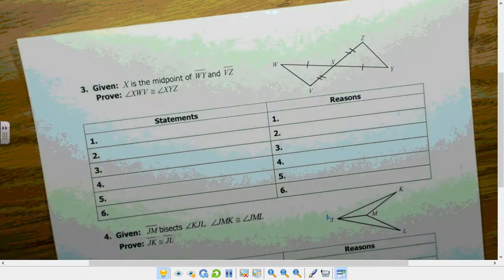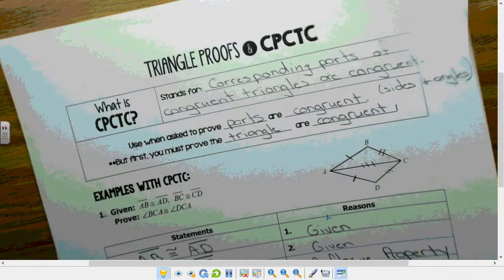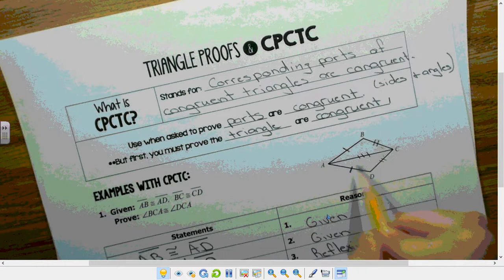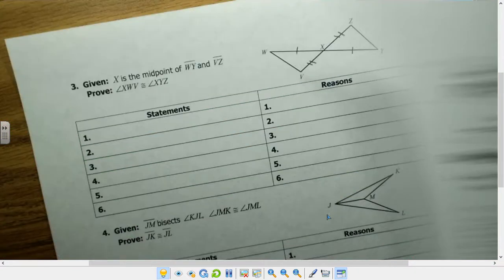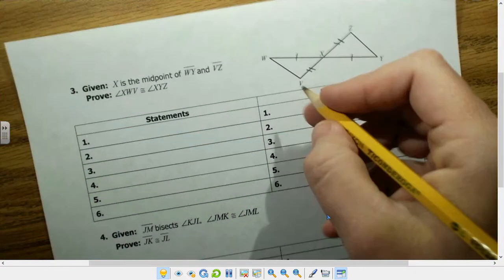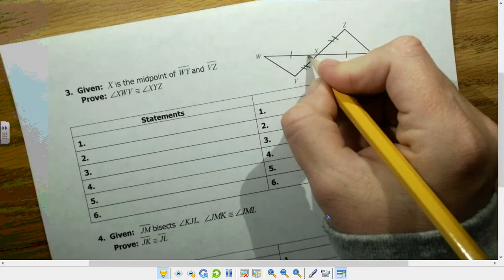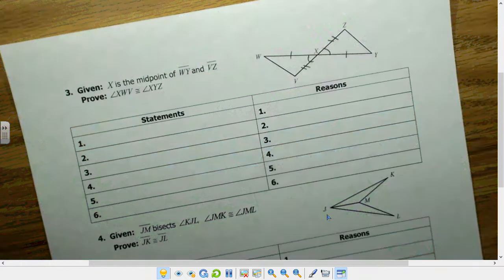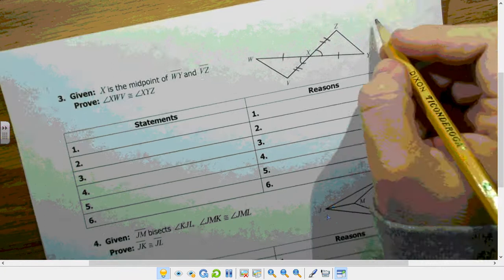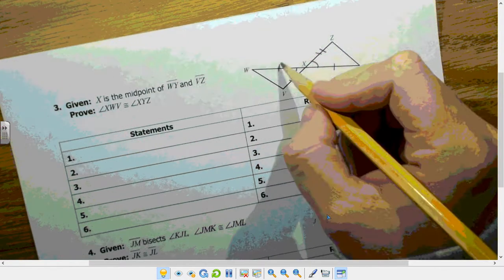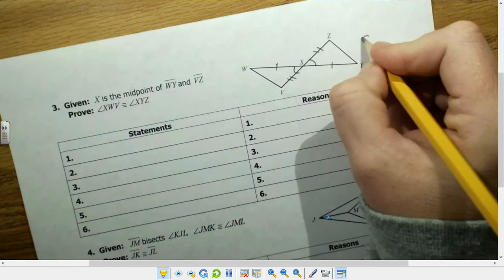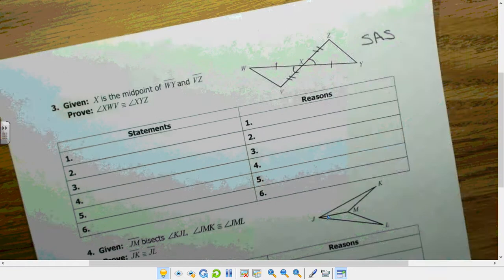And again, just like we talked in class, when we have a common side, we should automatically think of a reflexive property. One of the other things we want to look to first is vertical angles. So here we have a vertical angle, which means it looks to me like we're going to want to use side angle side to prove these two triangles congruent.